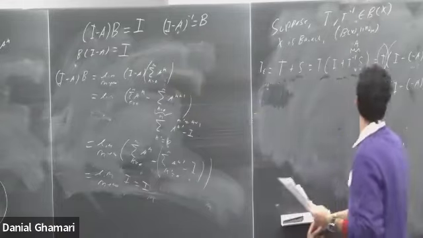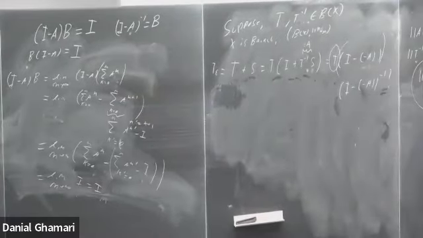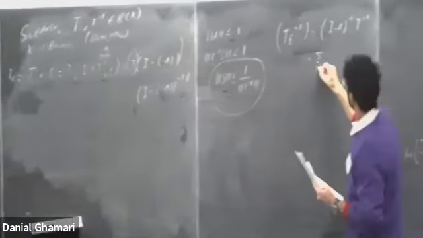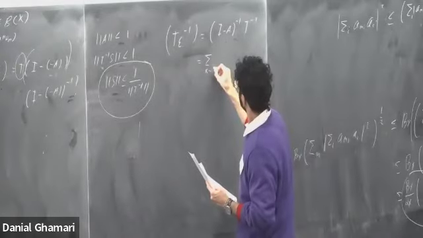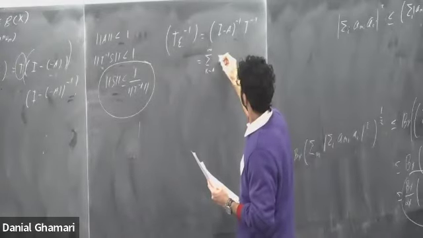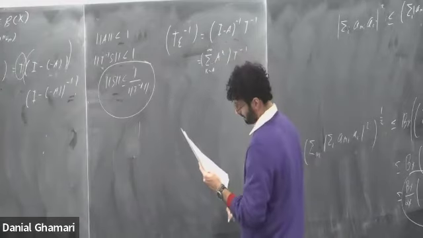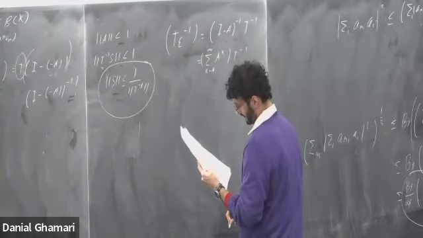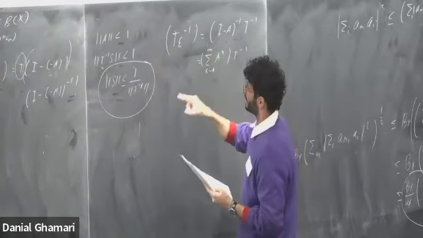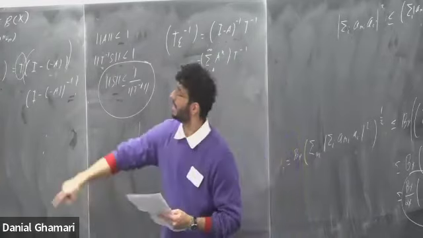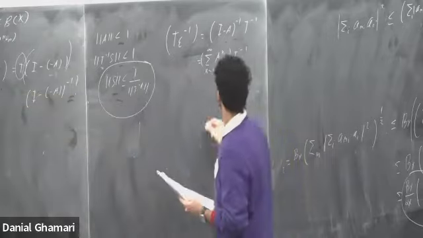What I can do is rewrite this as the sum from K equals 0 to infinity of A to the K, times T inverse. And in this case, A to the K is simply given by (T inverse S) to the K.